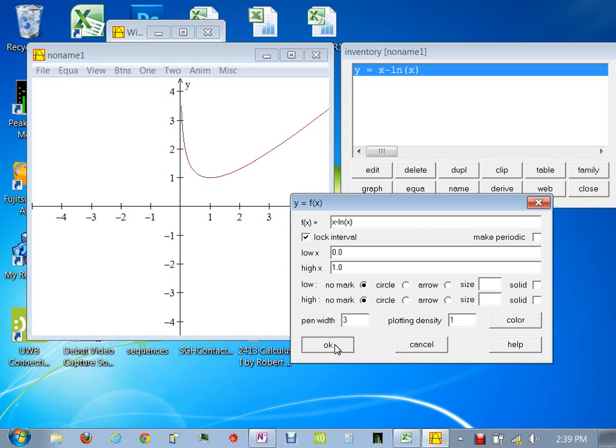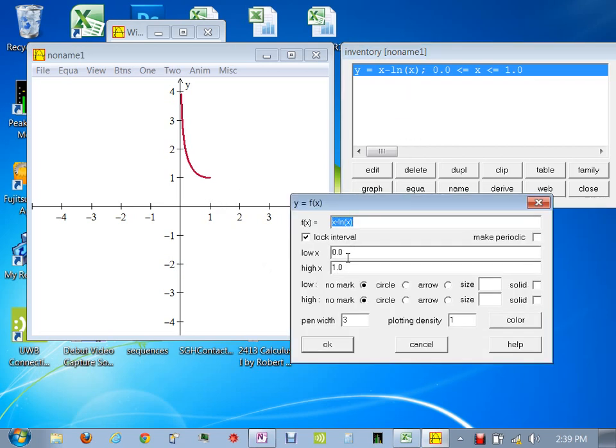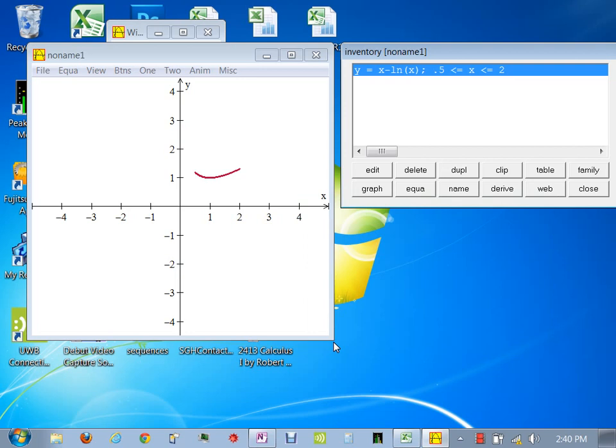So I was focusing all my attention. Why is it not drawn? Oh, did I mess this up? 1/2 and 2. Changed, huh? So only looking right there.